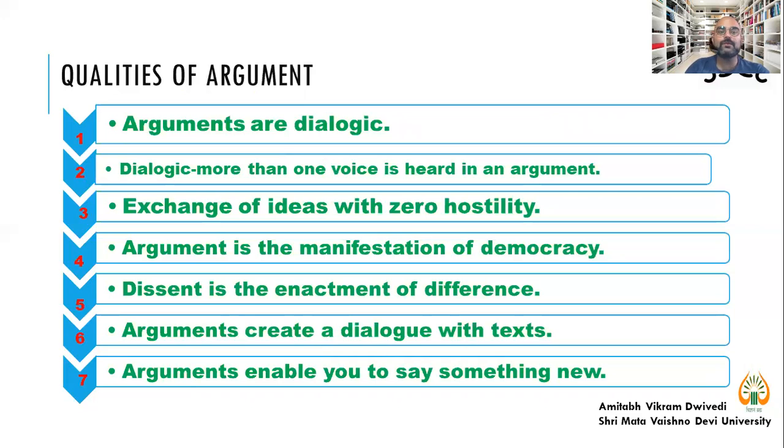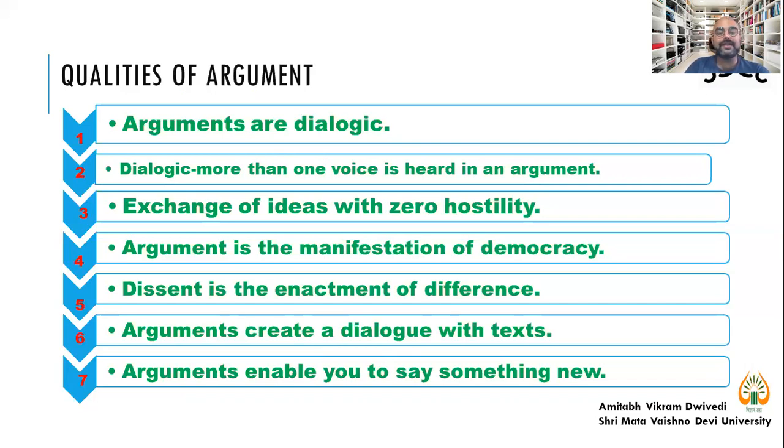And in an argument, you will find that many voices are exchanging their ideas with zero hostility. When we have zero hostility, then we can ensure that every voice is heard in an argument. So we can say that argument is the manifestation of democracy, and dissent is the enactment of argument. Even dissent and differences are not only accepted but appreciated in an argument.